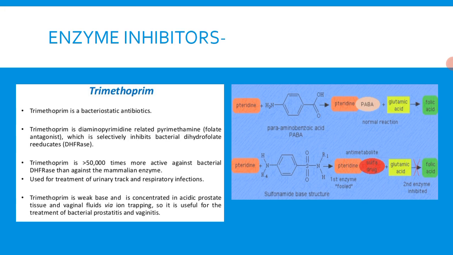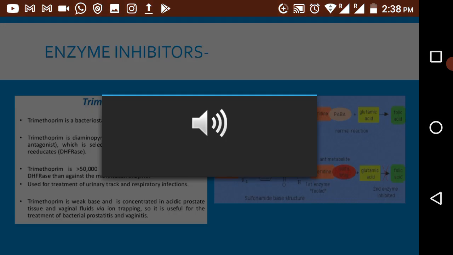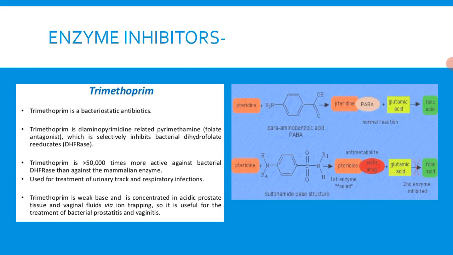Instead of producing the folic acid, it will inhibit the folic acid production. Now as it is a structural analog of the pteridine, it will bind to the PABA. Here it is mentioned as the sulfa drug, which also has a similar action.